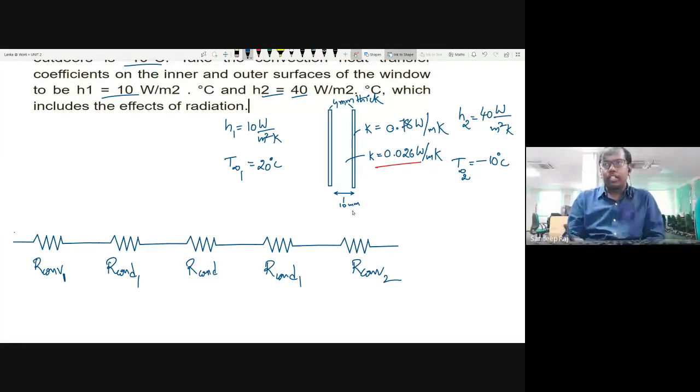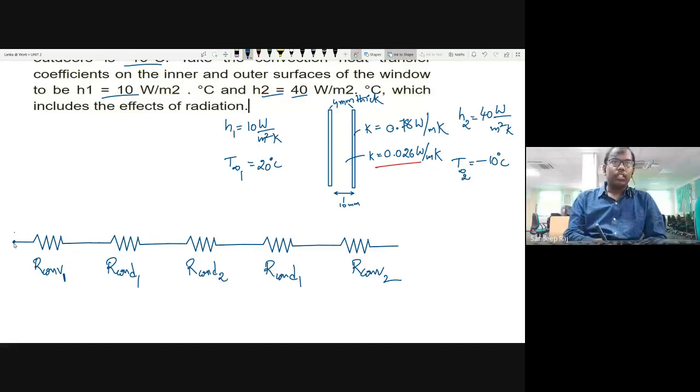You cannot take convection resistance because you don't have the H value for the air. Although you can take it, it is appropriate to take the conduction resistance because the air is not moving, it is stagnant. Stagnant fluids contribute to conduction, not to convection.